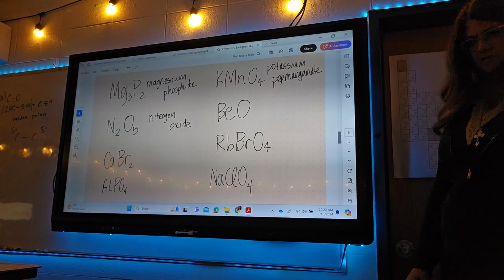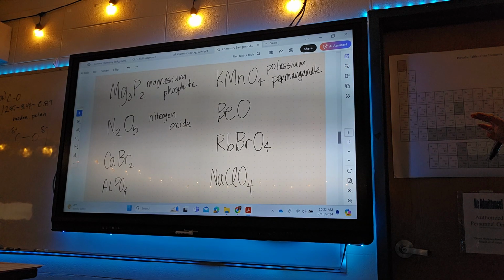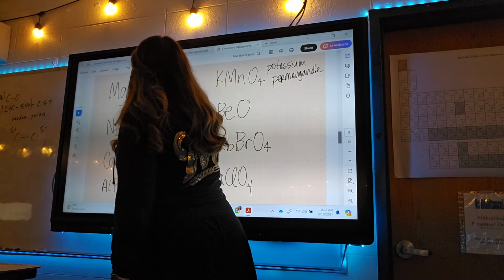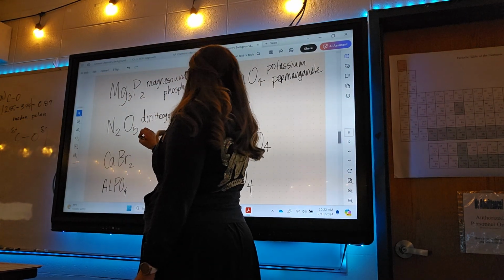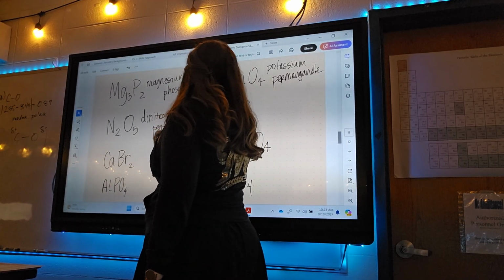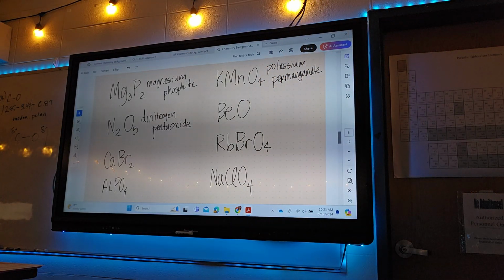And then it wants us to use that crazy prefix nonsense. What's the prefix for nitrogen here? And what's the prefix for oxygen? Dinitrogen pentaoxide. Or sometimes the A is left off, so pentoxide, but don't worry about that.